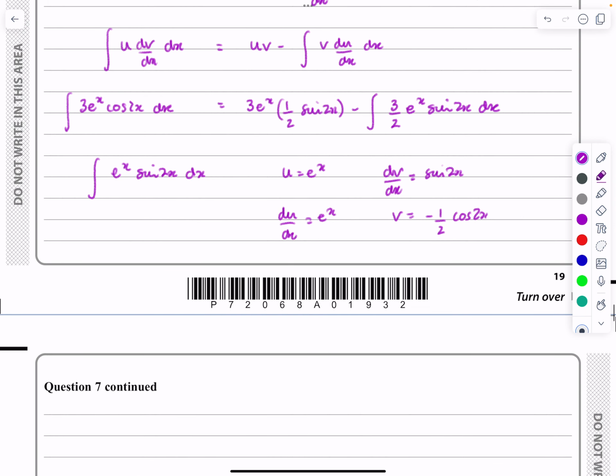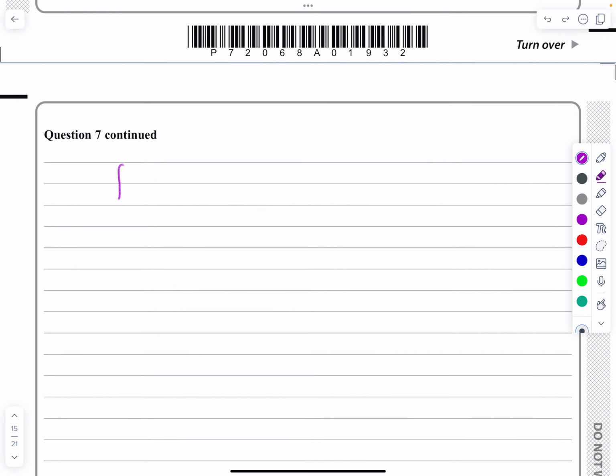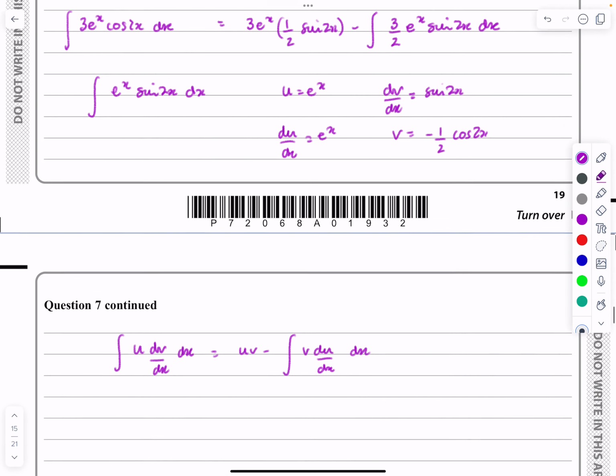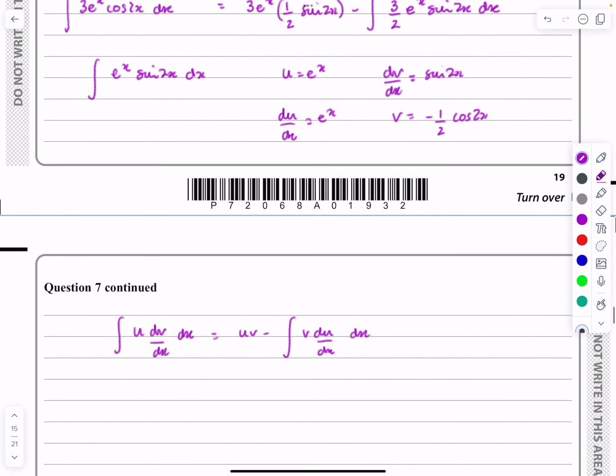Then using this formula up here a second time, the integral of u dv by dx is equal to uv minus the integral of v du by dx, using those terms there.